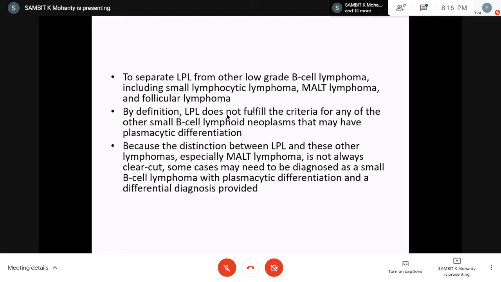Small lymphocytic, MALT, and follicular lymphomas can all show some degree of plasmacytic differentiation. The distinction between LPL and these other lymphomas, especially MALT lymphoma, is not always clear-cut. Some cases may need to be diagnosed as small B-cell lymphoma with plasmacytic differentiation, and a differential diagnosis is provided in the report.